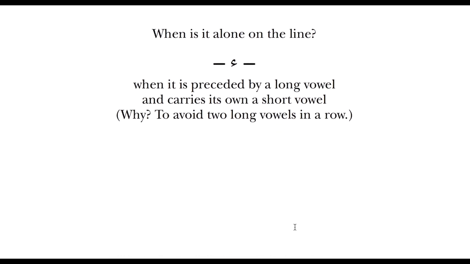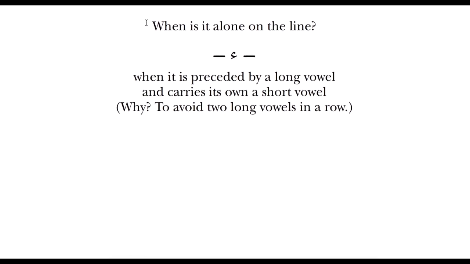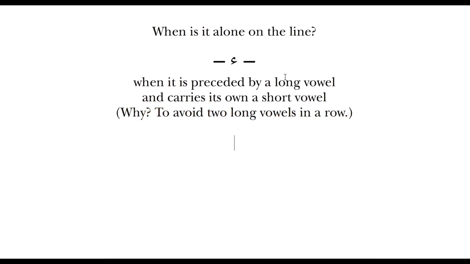Now we ask the question, when is it alone on the line? You see how you have text, and then you have a Hamza all by itself. That is when it is preceded by a long vowel and carries its own short vowel. Again, to avoid two long vowels in a row. So these are the states.